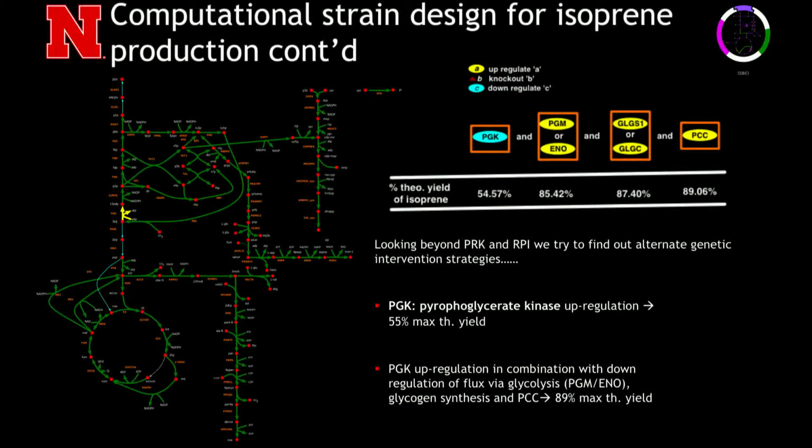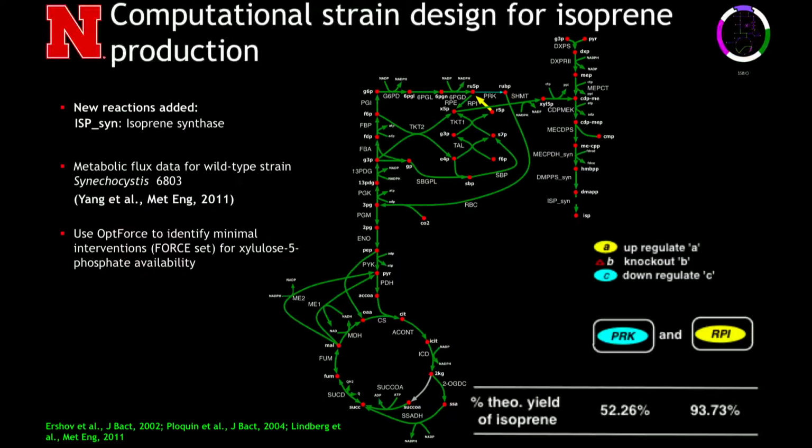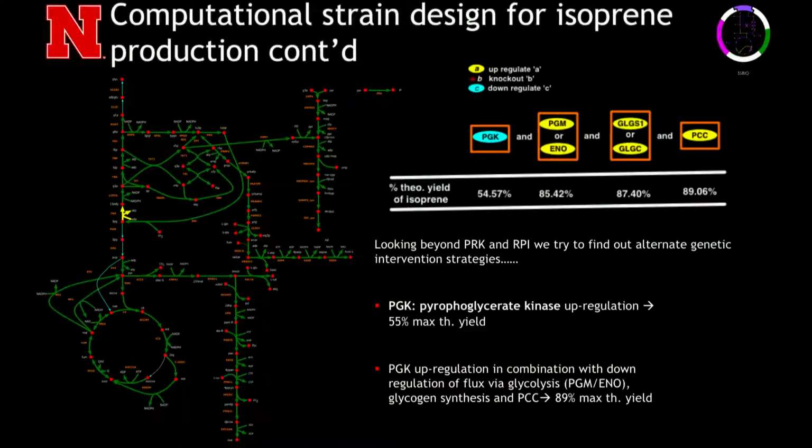And you might remember, one of the beauties of this modeling is you can come up with alternate designs. One design that we have discussed is you can push more flux. One other design is, now remember, this is the Calvin-Benson cycle, this whole list of reactions. This is a branch point, basically.